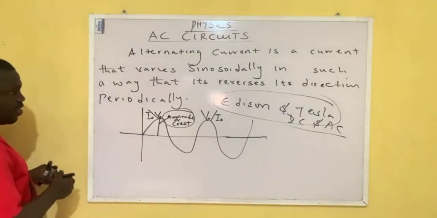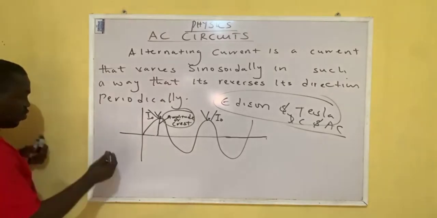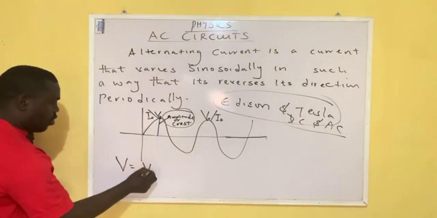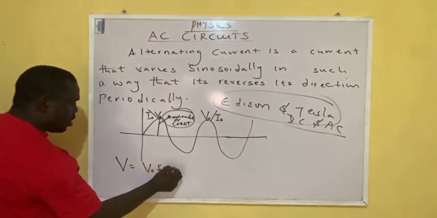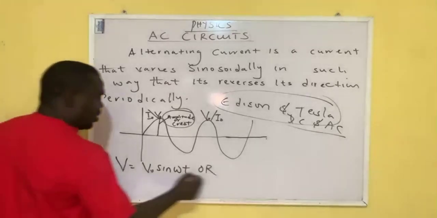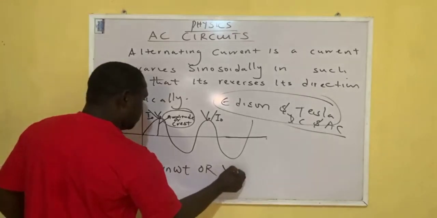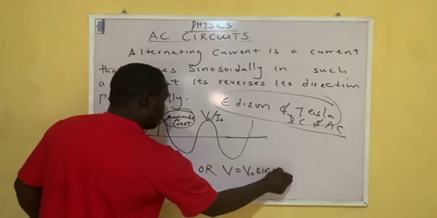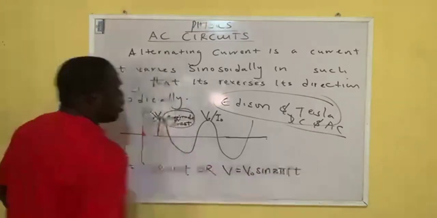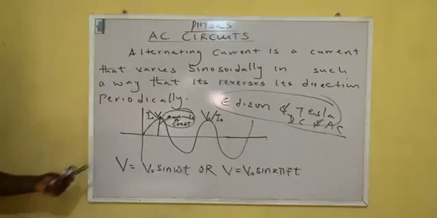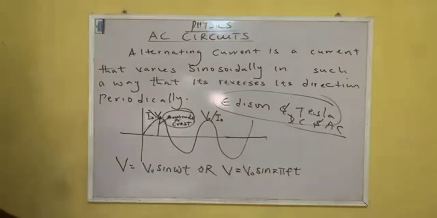Now there's a general formula I could introduce to you when looking at alternating current. There's a direct formula, either this or you write it this way. So both are actually allowed. I'm going to be defining what each of these parameters means.